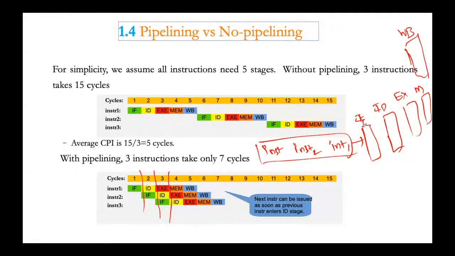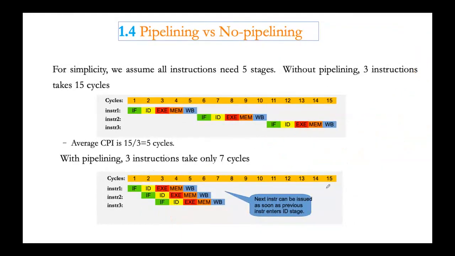When instruction 1 is here, instruction 2 will be here, and when instruction 1 is in the next stage, instruction 2 will be here, and instruction 3 comes here. So this process is continuous.